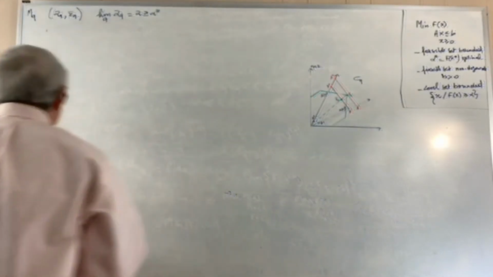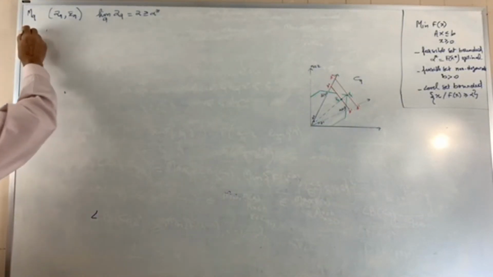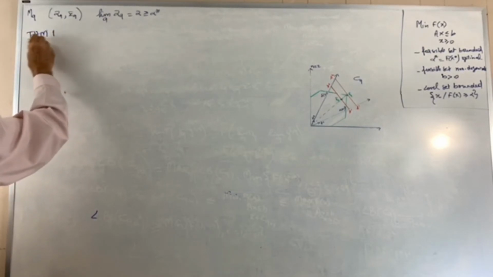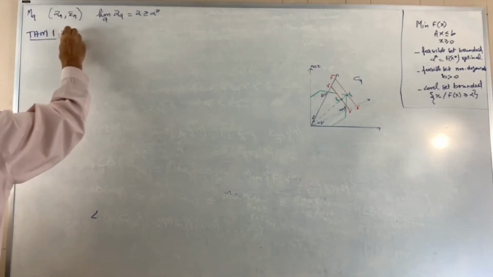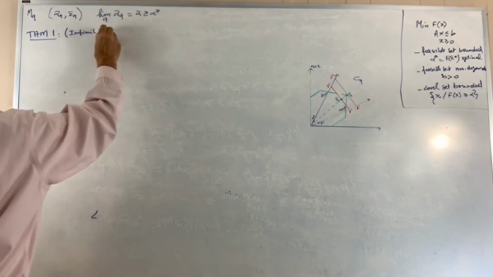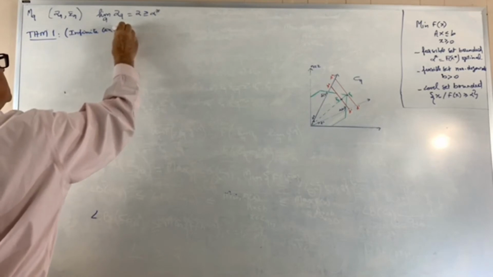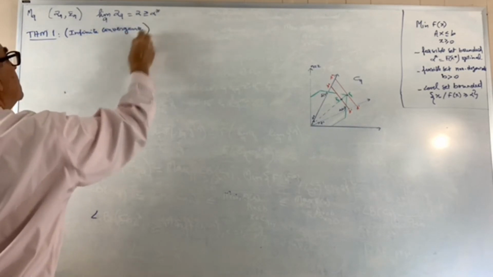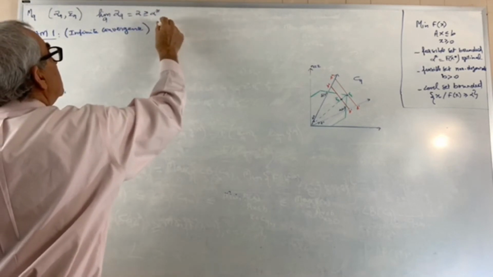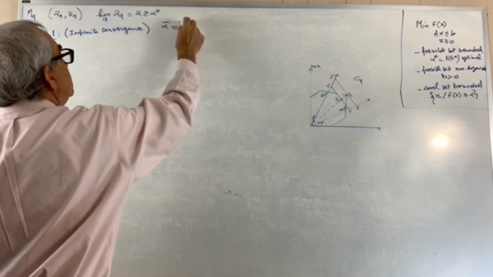So, theorem, called theorem 1, which is infinite convergence: alpha bar is equal to alpha star.